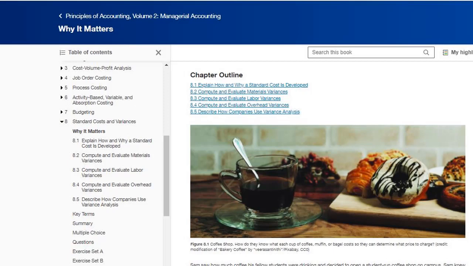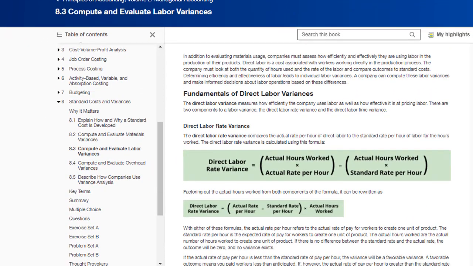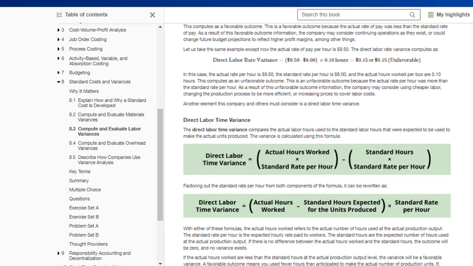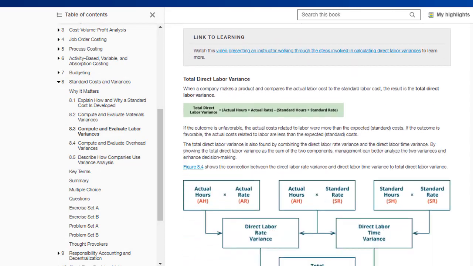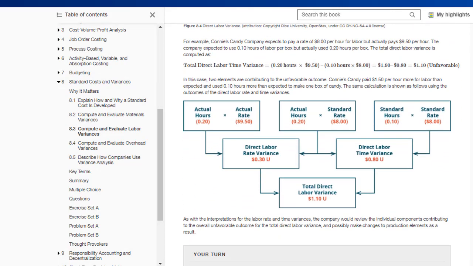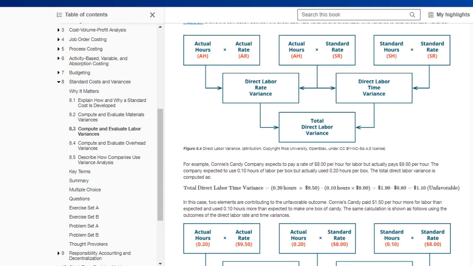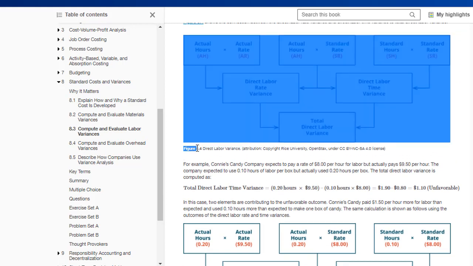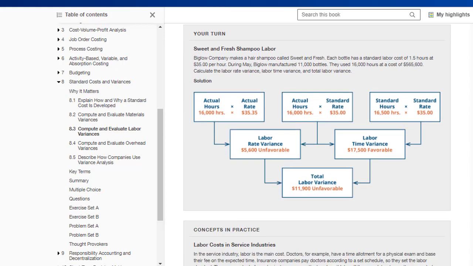But let's look at 8.3, which involves labor variances. The Your Turn problem appears a little bit below Figure 8.4. There's a couple of paragraphs below 8.4, then a chart, then a couple more lines, and then you find Your Turn.